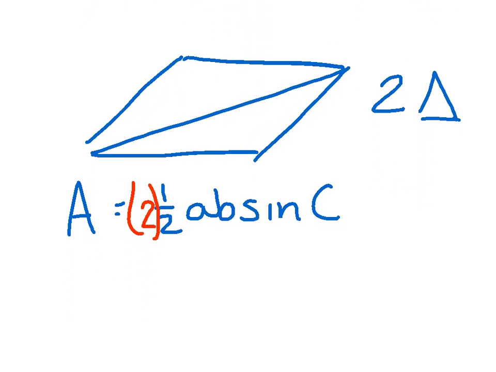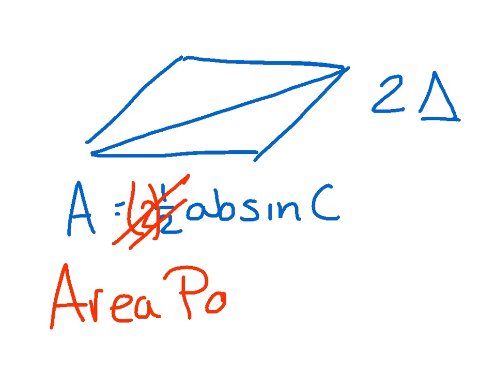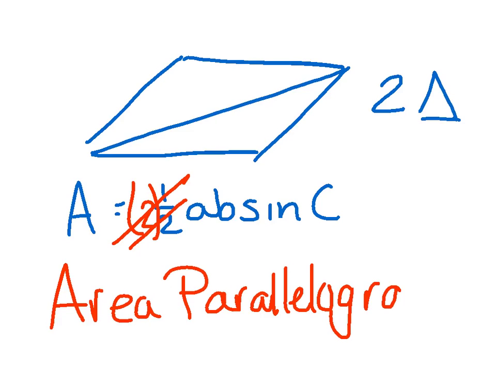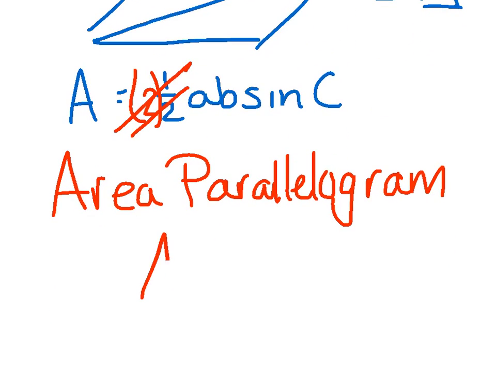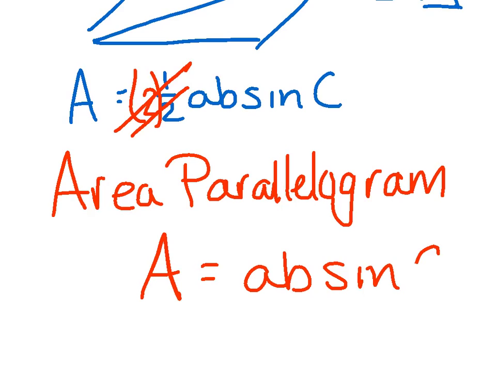And what happens when you have 2 times 1/2? Well, they just cancel each other out. So let's make a note in our book. If you want the area of a parallelogram, it's basically the same area as a triangle, but just take out the 1/2. Area equals just AB sine C.